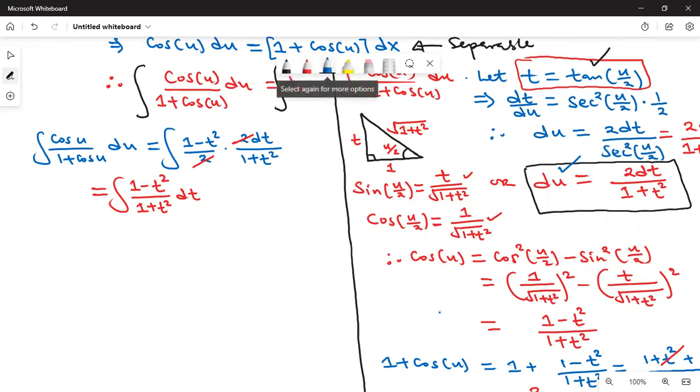So long division: we are going to take 1 plus t squared, then inside we'll have 1 minus t squared. Remember this can be written as negative t squared plus 1. What do you multiply by t squared to get negative t squared? That is negative 1.